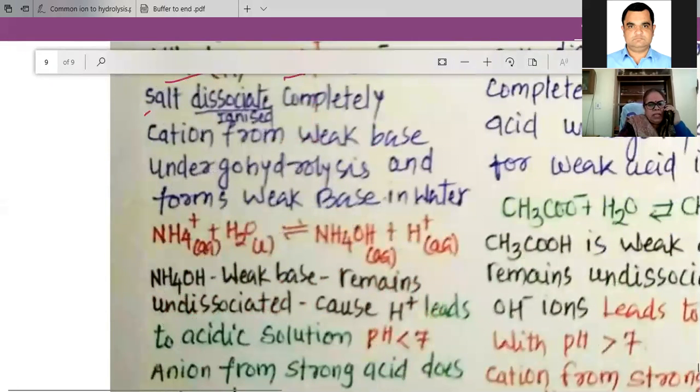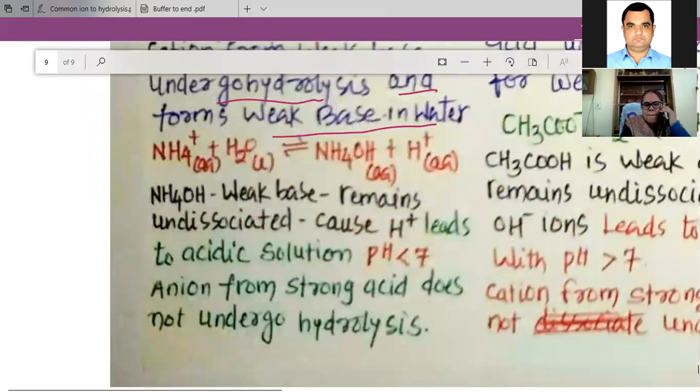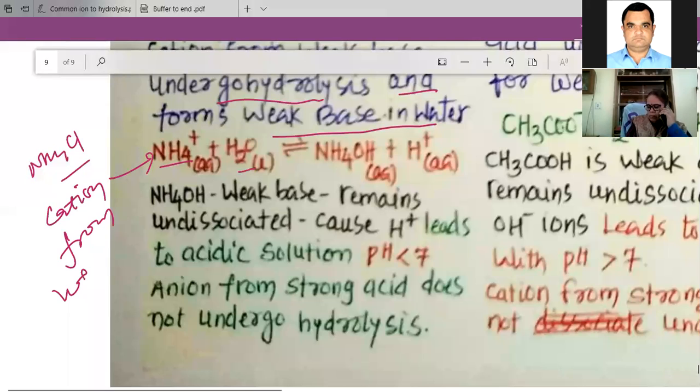This acidic salt dissociates completely. When salt dissociates completely, cation from weak base undergoes hydrolysis and forms the weak base in water. So my dear students, these NH4 plus which are produced from the NH4Cl, they react with water because they are the cation from weak base, and they produce the same weak base from which they have been produced, and they also produce H plus.